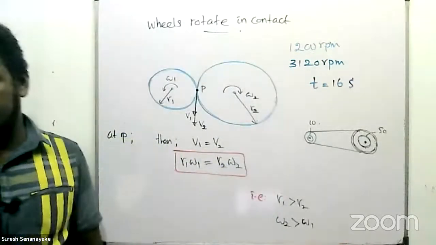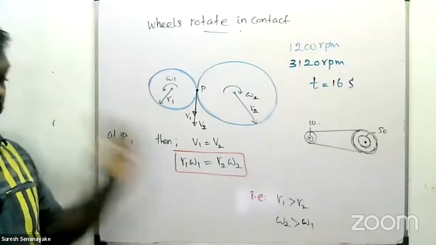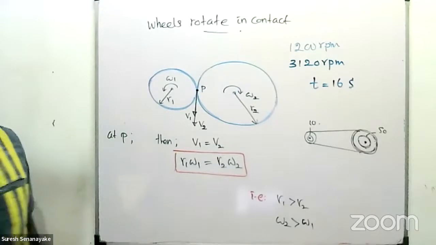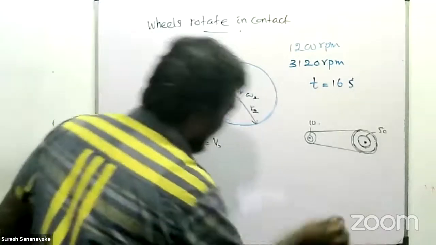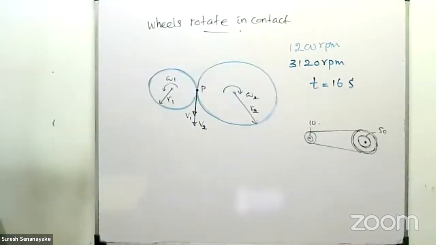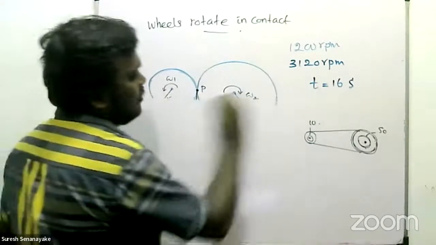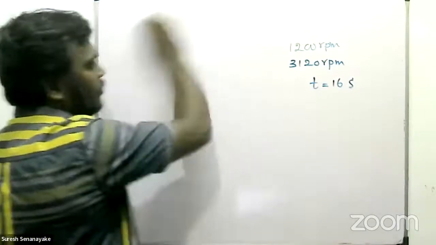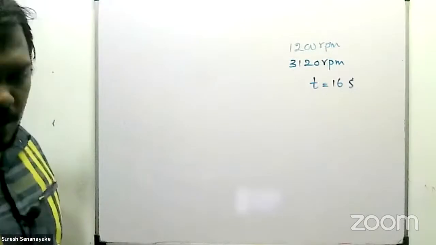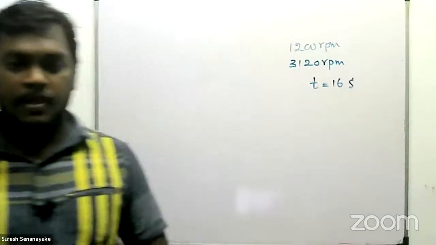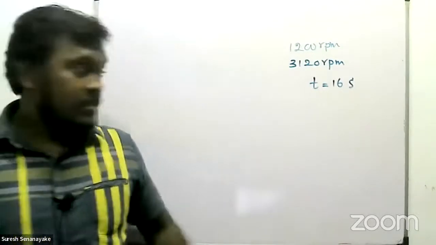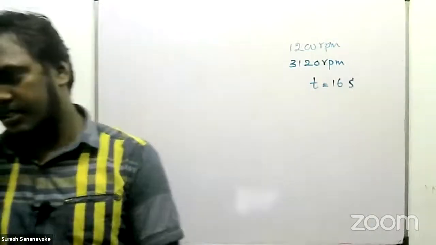Right, I will write it again. The angular speed of a motor wheel is increased from 1200 rpm to 3120 rpm in 16 seconds.